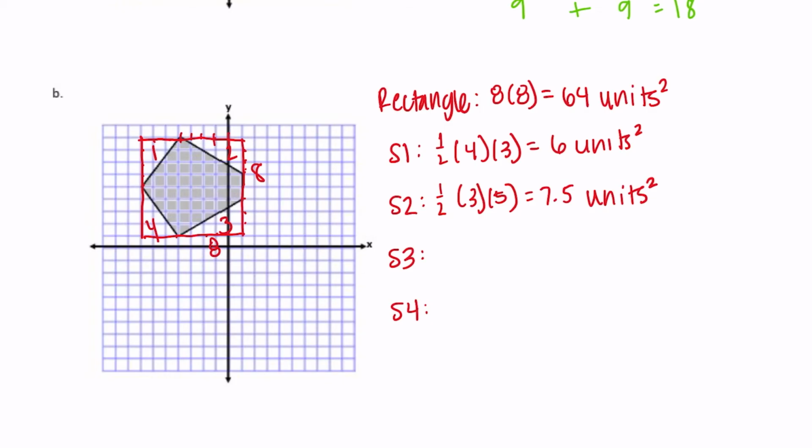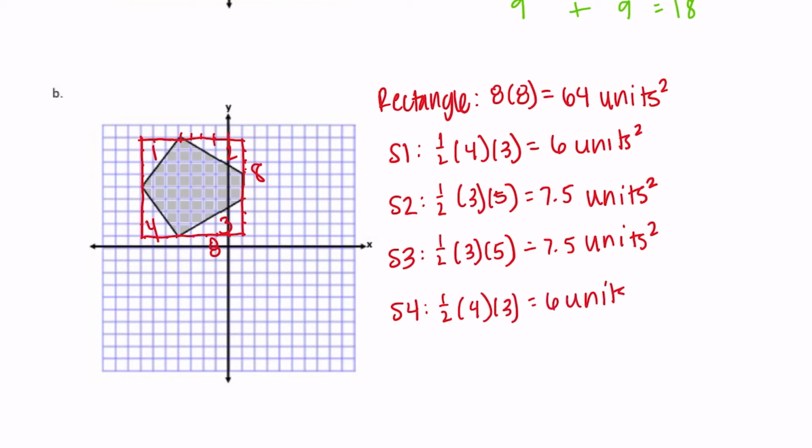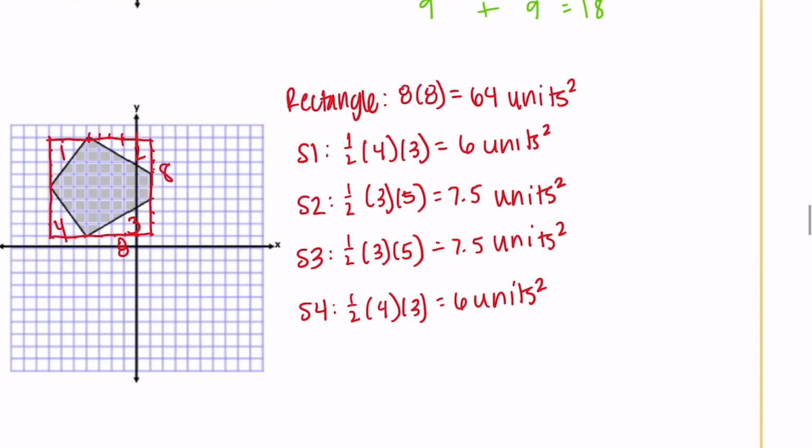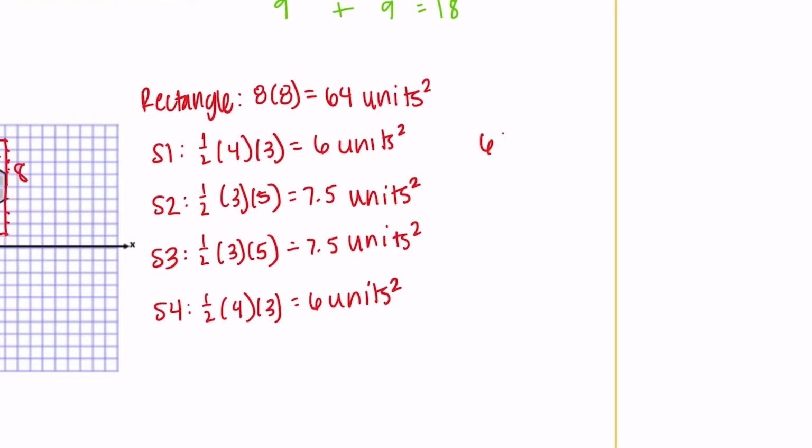Shape 3 is 1, 2, 3 by 1, 2, 3, 4, 5. So half of 15 again. And then shape 4 is 1, 2, 3, 4 by 1, 2, 3. 6 units squared.